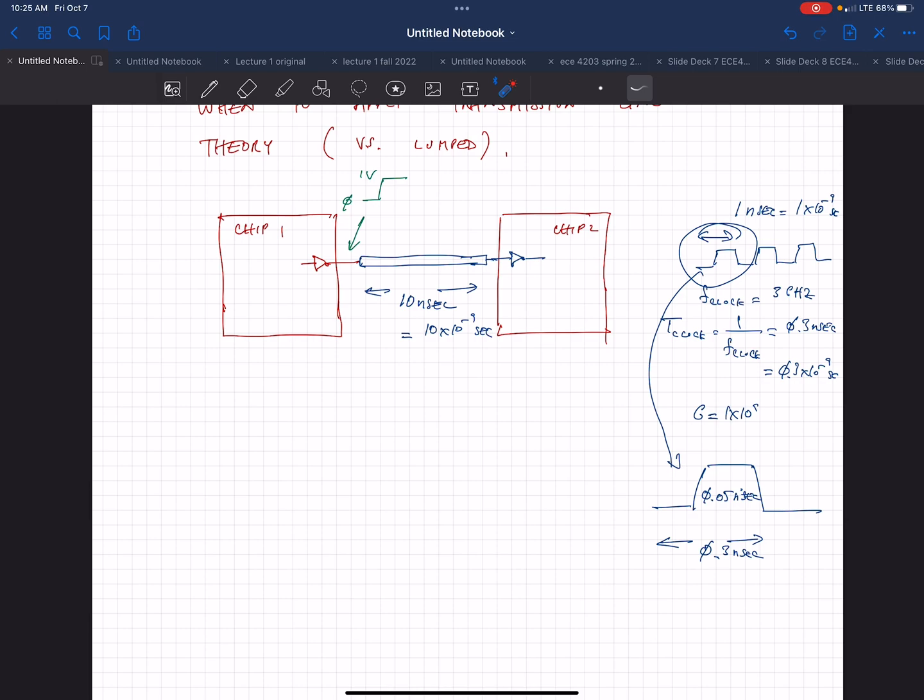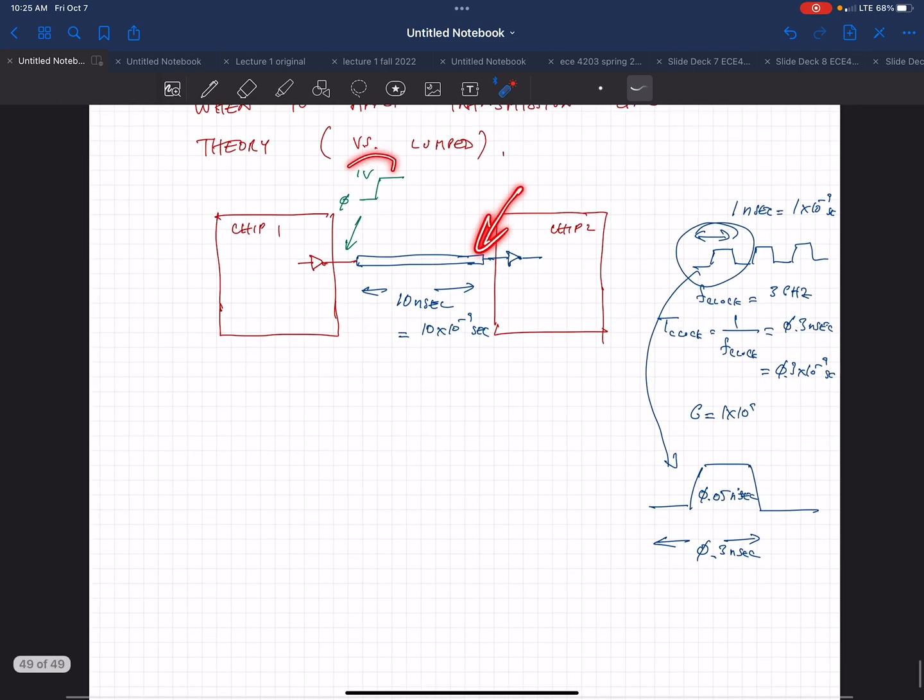So for sure, this guy doesn't see this immediately, right? Doesn't see it going from low to high immediately. It's like waiting for a long time before that edge arrives, okay?